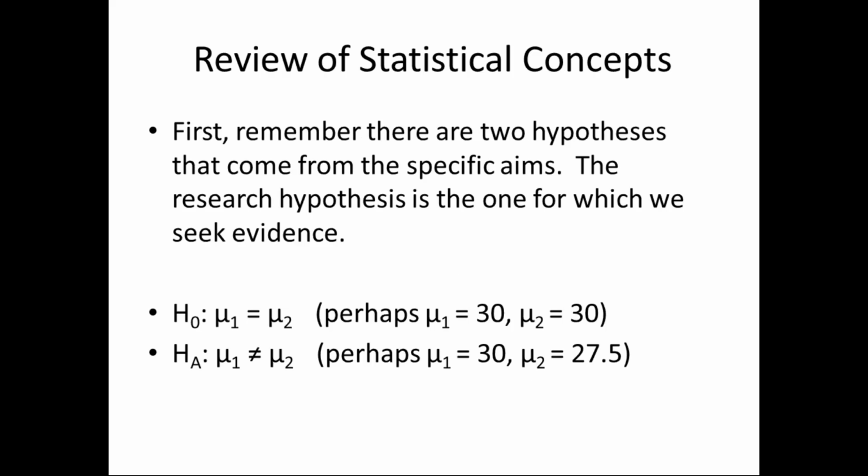All right, so here we go. This is the way we actually go through a power calculation. Remember there are two hypotheses that come from your specific aims. The research hypothesis is the one that we seek the evidence in favor of.